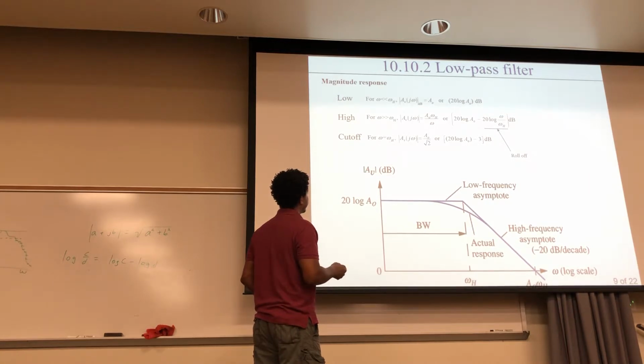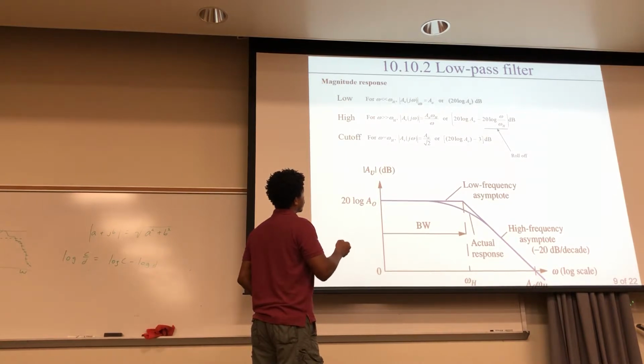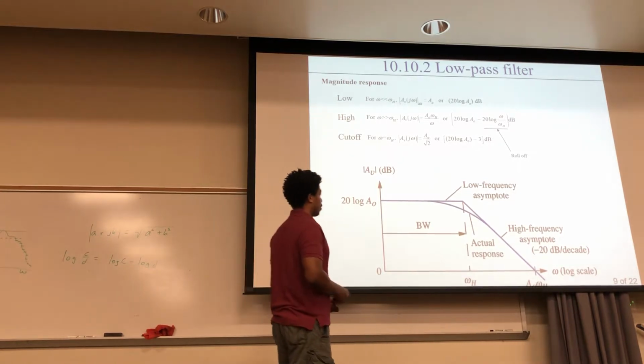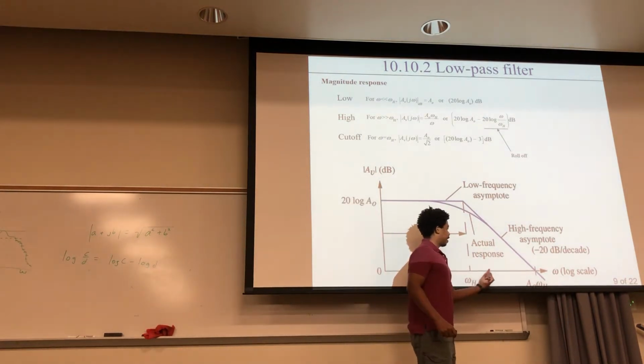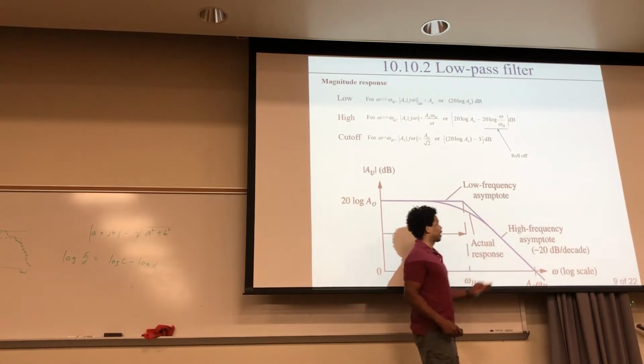Okay. So for the low region right here, you're going to do your 20 log A. That's this line. For your high regions, you're going to plot it like this, where it's that 20 log A, that constant, and then it drops off at this kind of rate right here. That's where you get the slope, which is negative 20 decibels per decade. So every time you go by an order of magnitude, a factor of 10, it drops by 20 decibels.